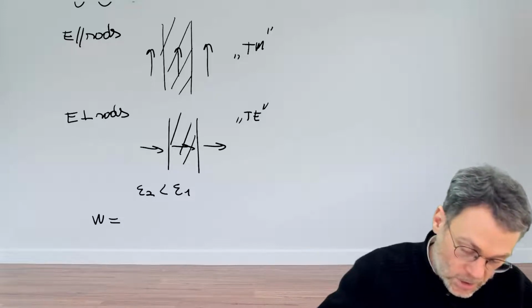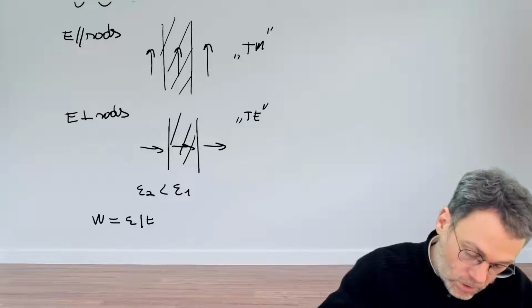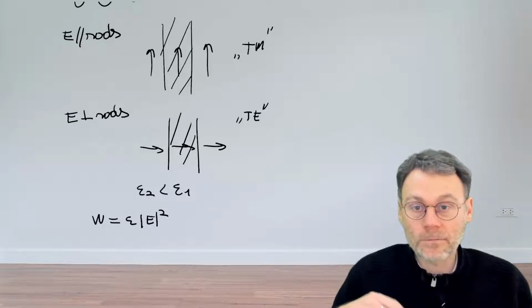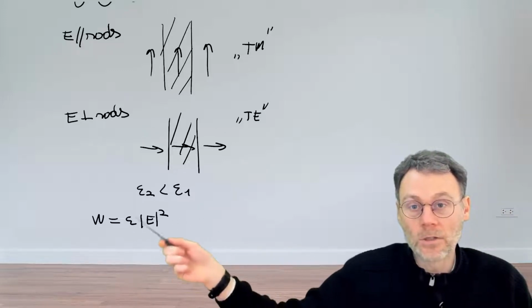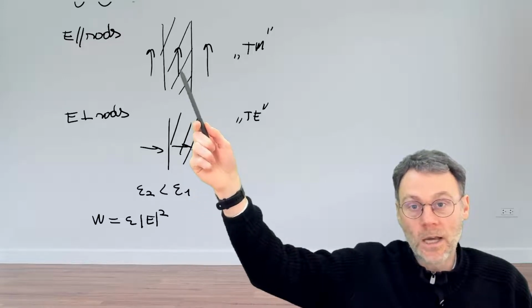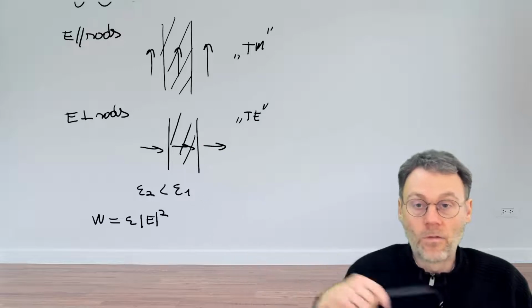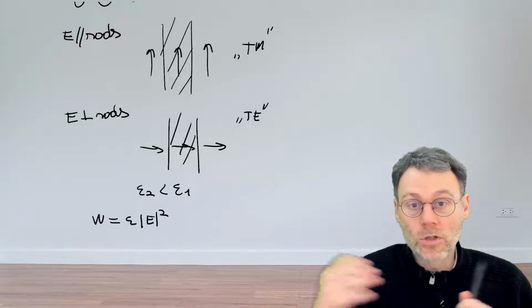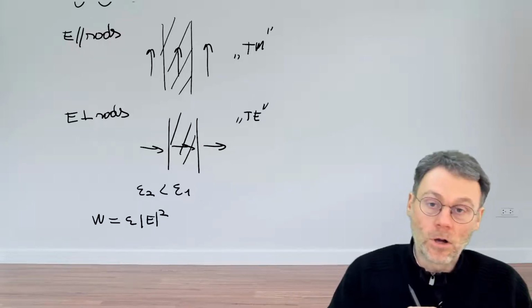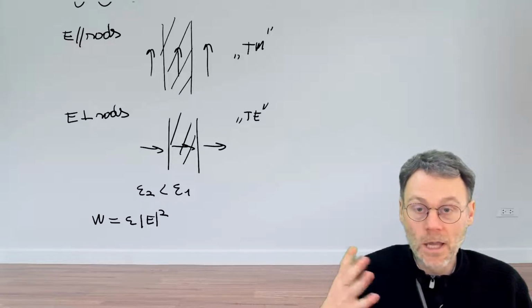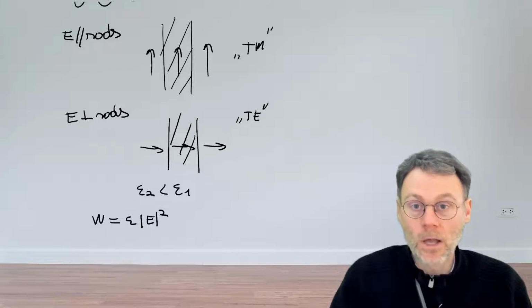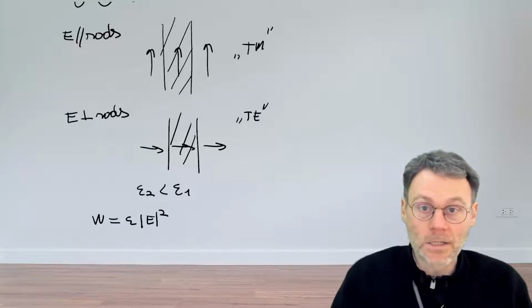So the electric energy is, of course, epsilon times the modulus of E squared. So your goal is to calculate W either just inside the rod or just outside the rod for the TM case and for the TE case. And then draw some conclusions based on that with regards to the confinement of the field inside the rods. So pause the video and try to do that for starters for the TM case.